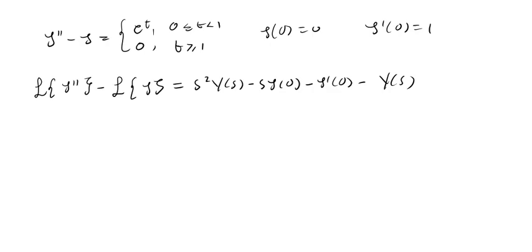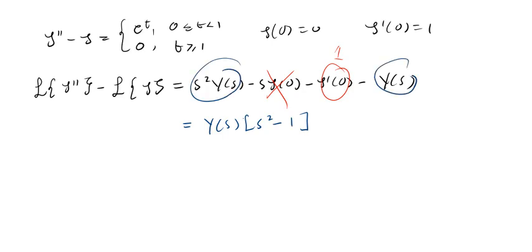Our initial conditions, y of 0 is 0, so if we forget about this one, then for this part we have a 1. So if we factor the y of s, we are going to have s squared minus 1. That comes from this one and this one. Then we have minus 1 from this part here.